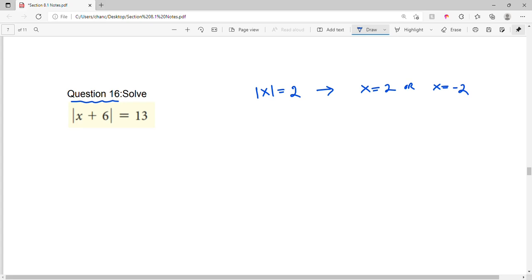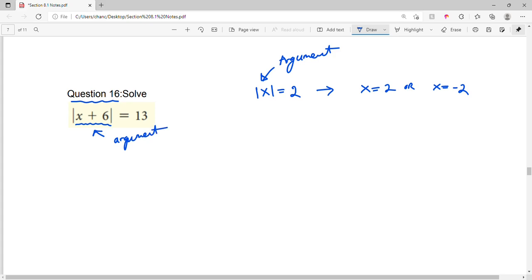Now in this case we have x plus 6 on the inside rather than just x. So this changes the problem slightly. The x on the inside is known as the argument. And the x plus 6 here is also known as our argument.